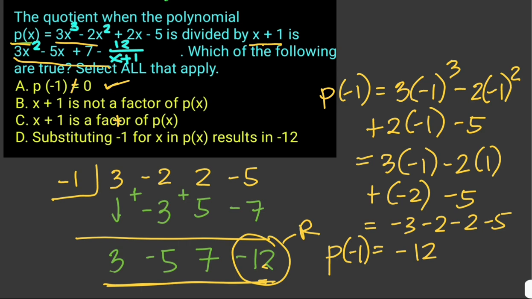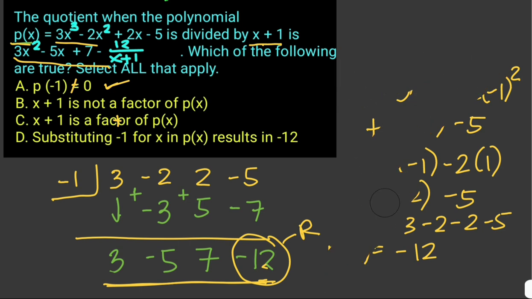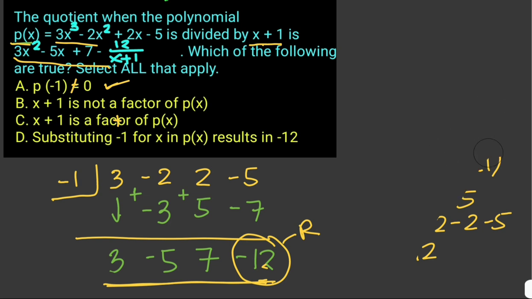All right, let's take a look at the second option. Letter B: x plus 1 is not a factor of p of x. A given binomial is a factor of a function when the remainder is 0.